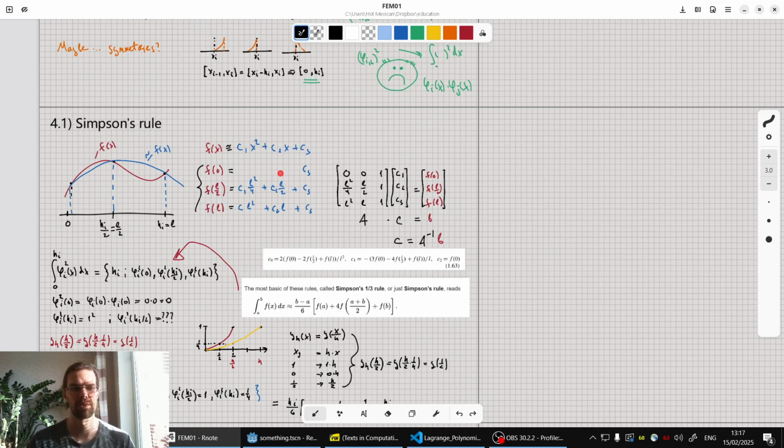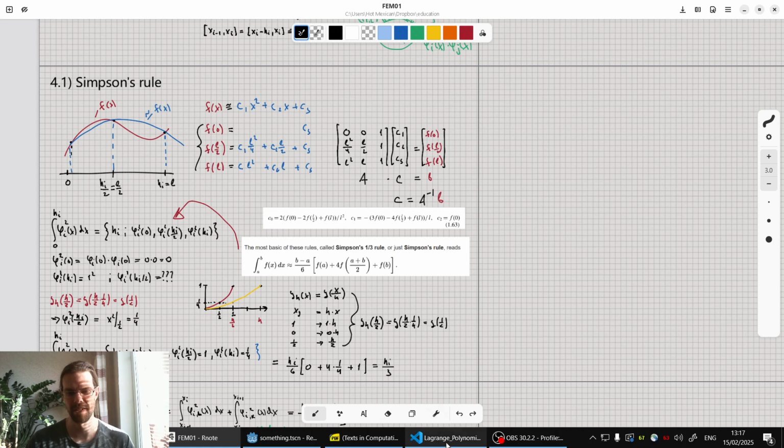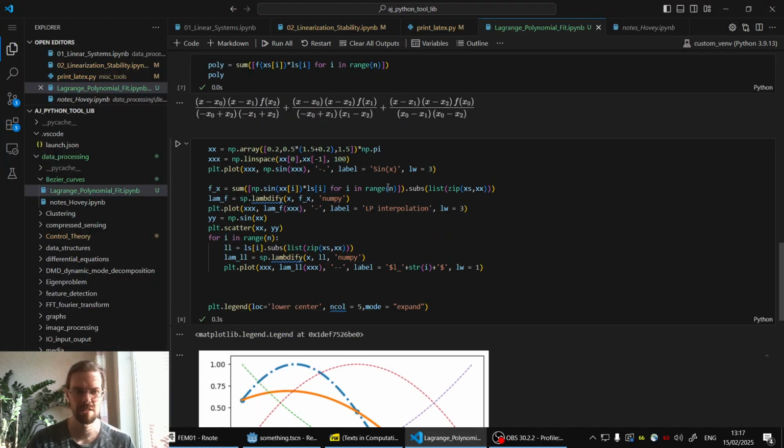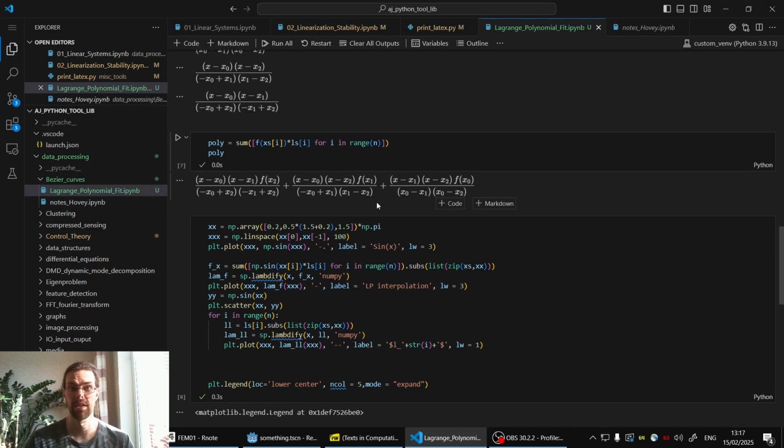You can read up on Simpson's rule and Lagrange polynomials. It's a total mess, but it's fun. And in general, I think you should know about approximation using polynomials, and that there exist different bases, basically. Legendre, I don't know, some kind of different type of polynomial bases, and although they all produce some kind of polynomial with some coefficients, these coefficients will be different for different bases.